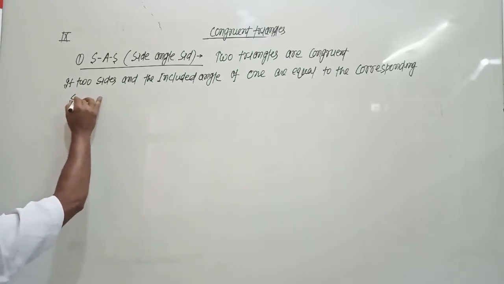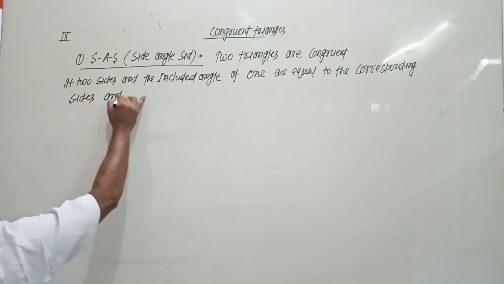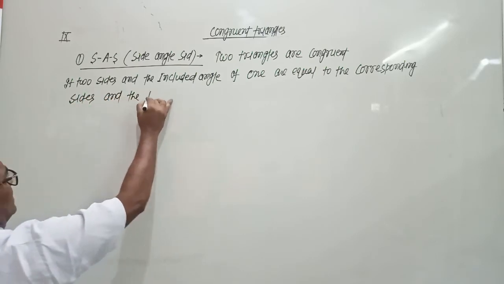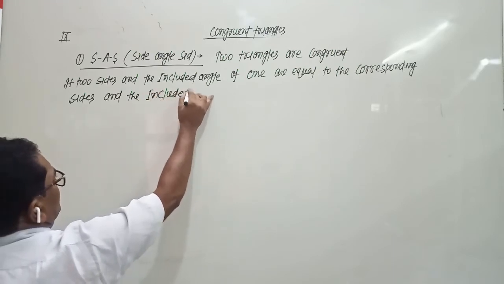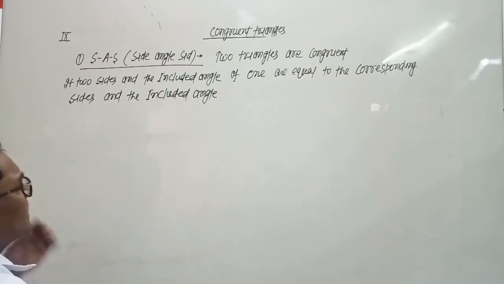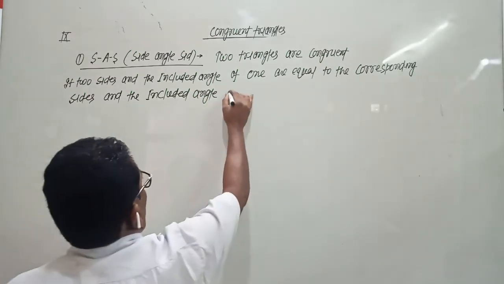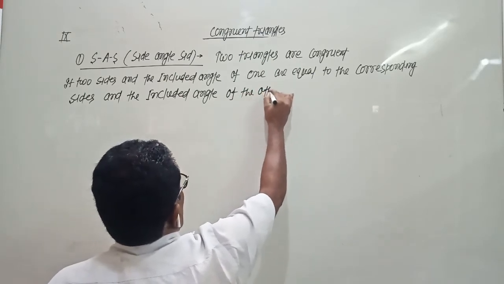Corresponding sides and the included angle of the other triangle.